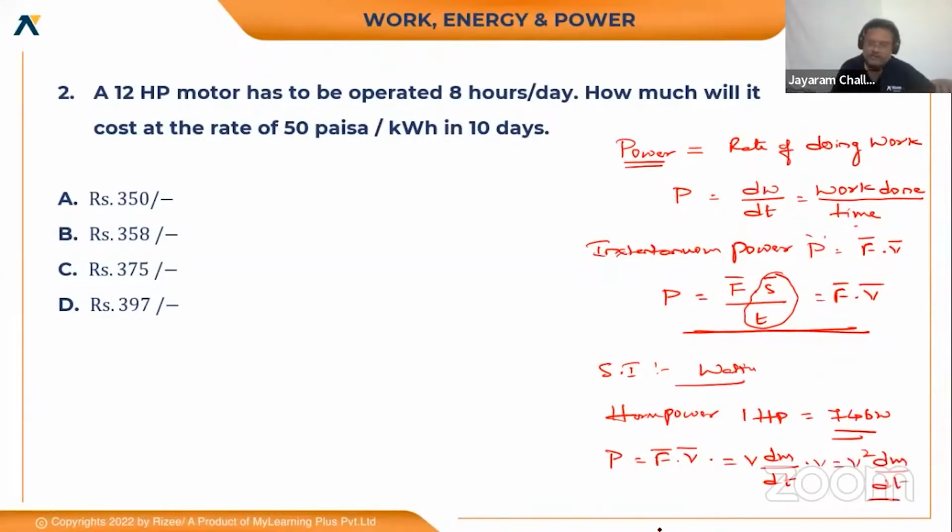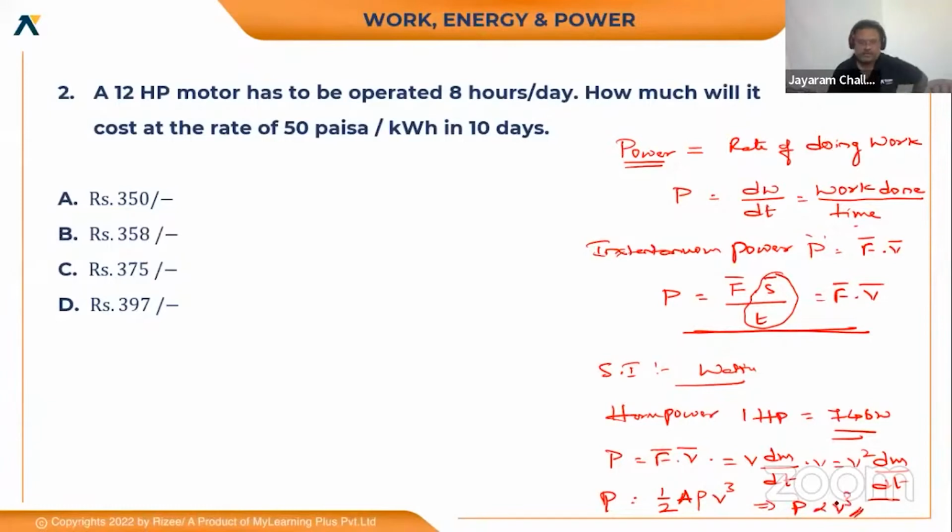Or, our mass can be written as volume into density, so if I write that, it is half into area into density into velocity cube. That means it is the most important relation: power is proportional to the velocity cube.